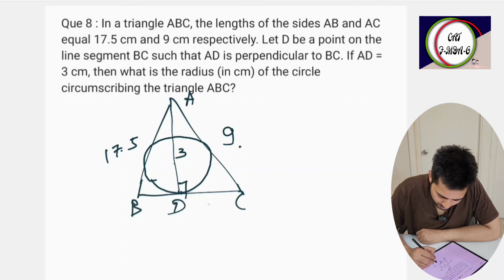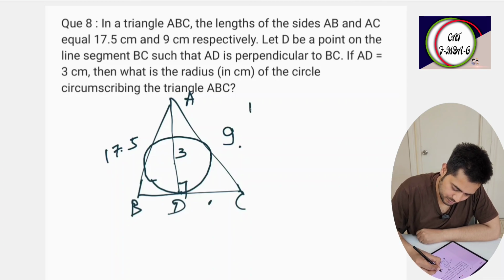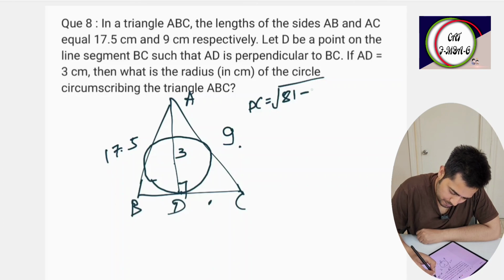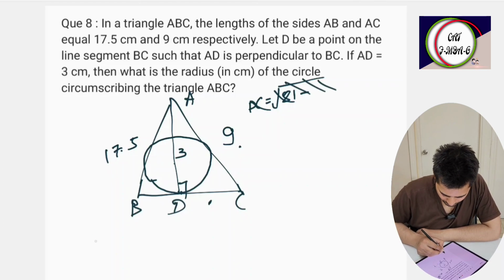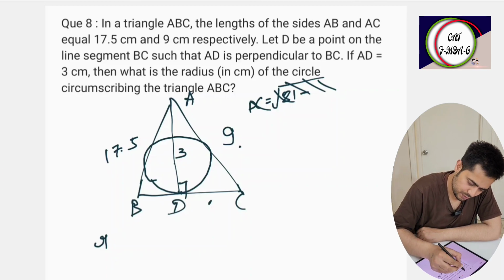So can we calculate this DC? Yeah, DC can be calculated. DC is equal to root under 81 minus, or another thing we can do. See, incenter, sorry, we do not have to find out the incenter.